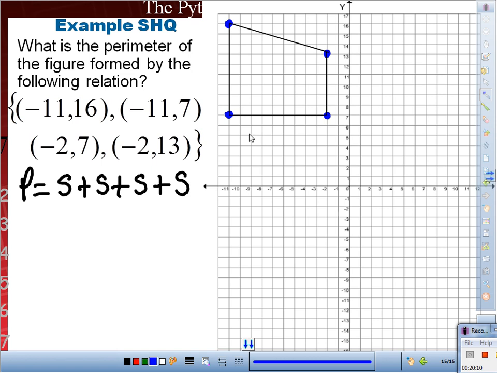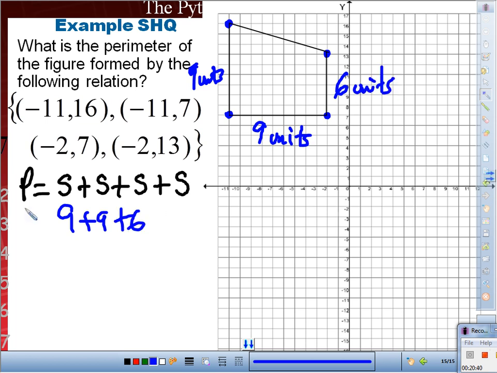Who's got it? Very good. 9 units. How about from here to here? This height right here. 9 units. Okay. So far we got 9 plus 9. What does this measure? 6 units. So we have plus 6.